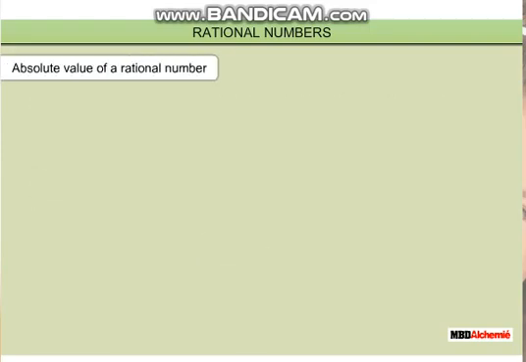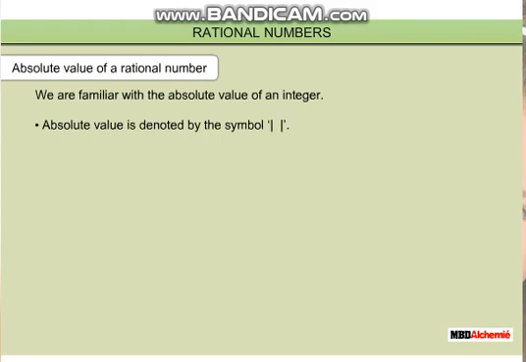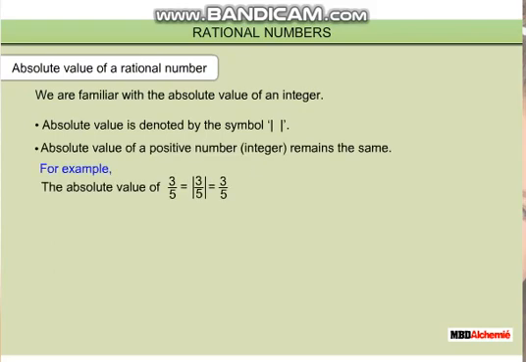Absolute value of a rational number. We are familiar with the absolute value of an integer. Absolute value is denoted by the symbol shown here. The absolute value of a positive number remains the same. For example, the absolute value of 3 upon 5 is equal to 3 upon 5.